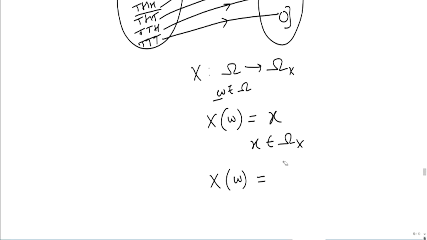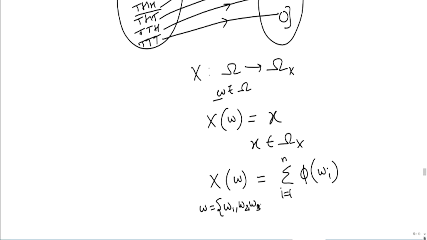So let us think of a proper function, so that X of omega equals the summation from i equals 1 to n of phi of omega i, such that omega consists of the outcome on each coin toss.